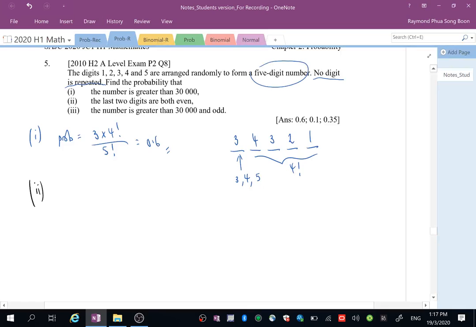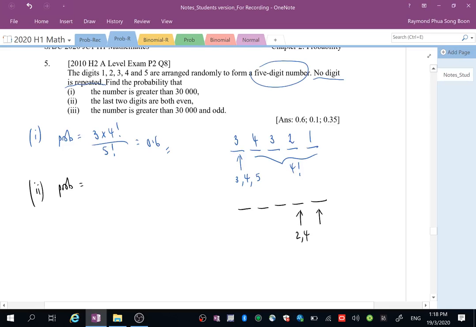Part 2. The probability that the last 2 digits are both even. If you want the last 2 digits to be both even, it will be the last 2 digits that matter. So the fourth digit, the second last digit, has to be even, so it can be either digit 2 or 4.